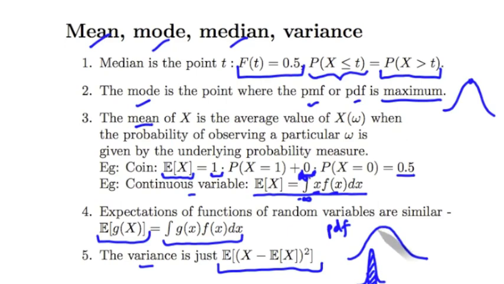But it's possible that if I integrated between here and here, I'd only get 0.5, and maybe I'd have to integrate between here and here to get 0.9. So that would mean that with probability 0.9 I can get any value in this region. So of course this random variable varies much more than this random variable, and that's captured exactly by the variance. The variance of this distribution will be small and the variance of this distribution will be large.